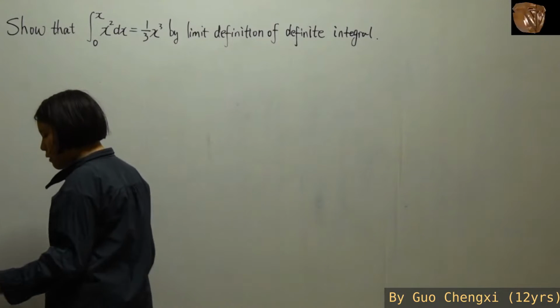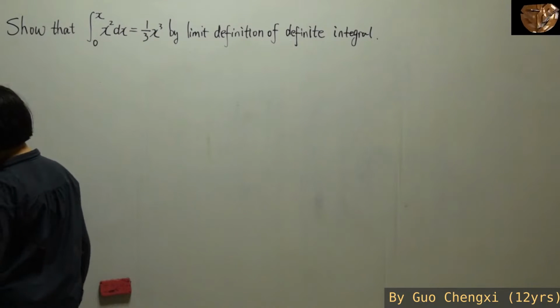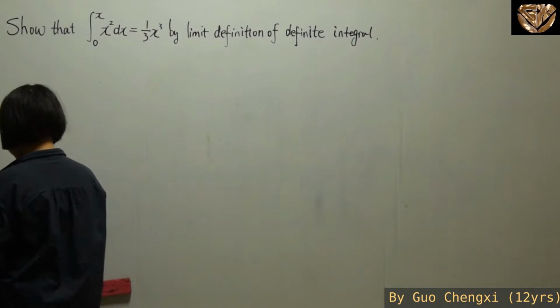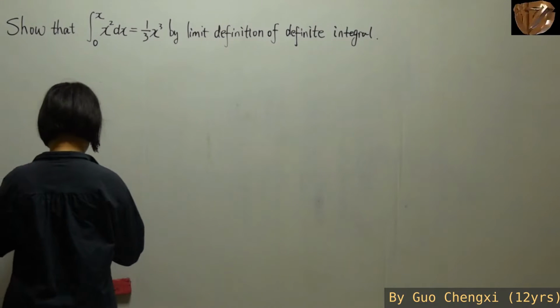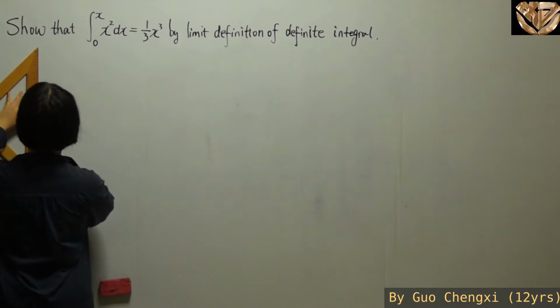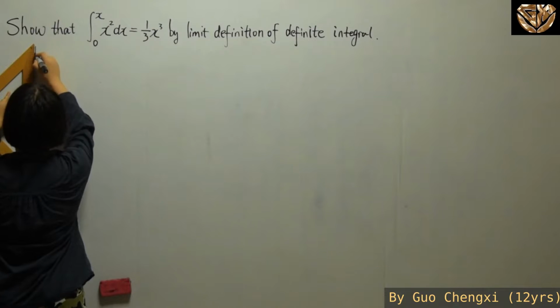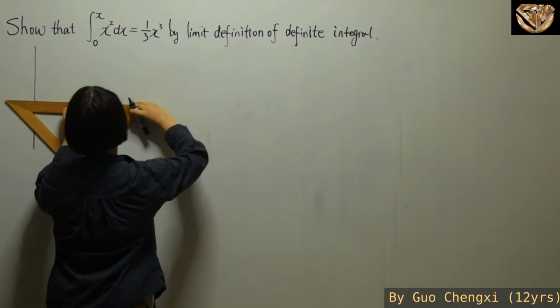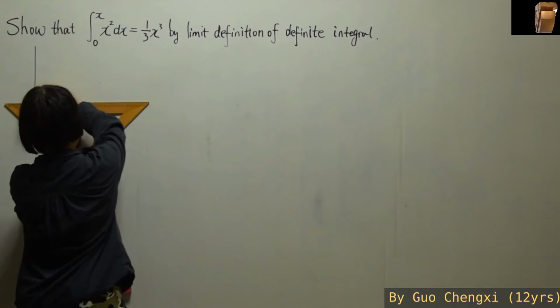So first of all, we'll be drawing out this graph. We'll only be drawing the positive side of it because it's from 0 to x.